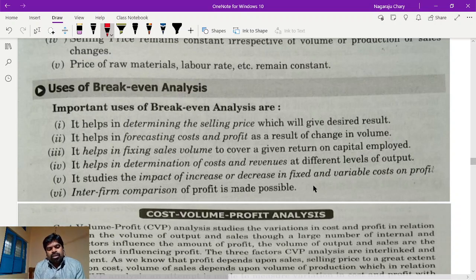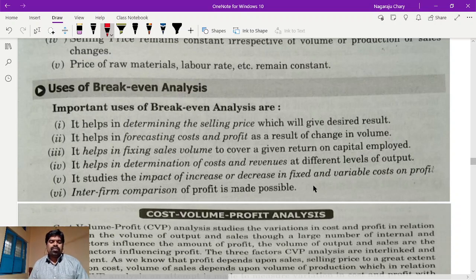It helps in determination of cost and revenues at different levels of output. At different levels of output, we can classify the total cost and the total revenues. That is also a use. And it studies the impact of an increase or decrease in fixed and variable cost on profit.